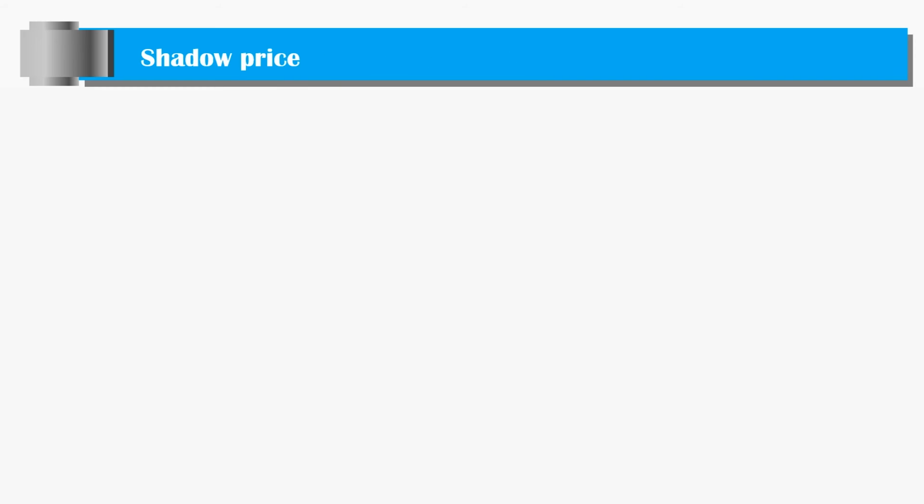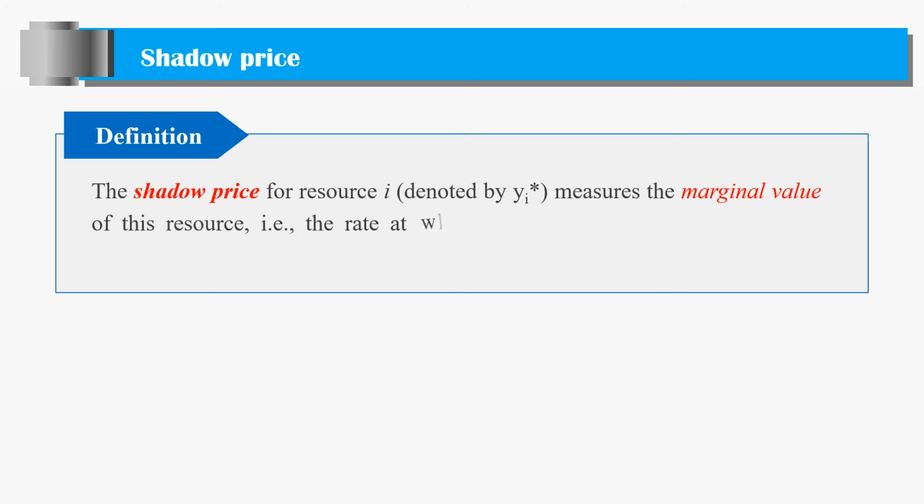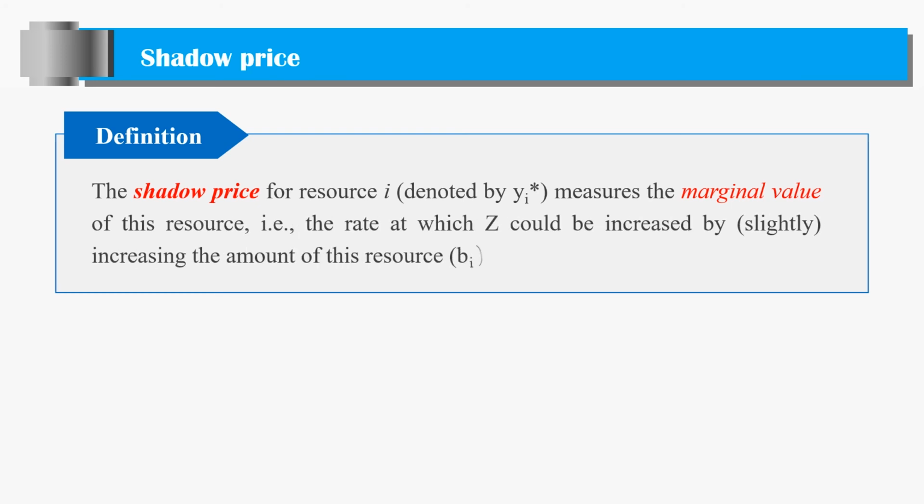So first, as we defined earlier, the shadow price. So what is a shadow price? We say the shadow price for resource i, denoted by yi star, measures the marginal value of this resource. That is, the rate at which z could be increased by slightly increasing the amount of this resource being made available.